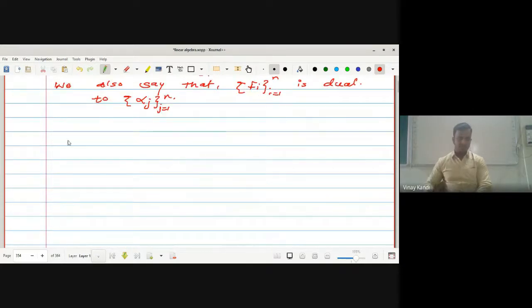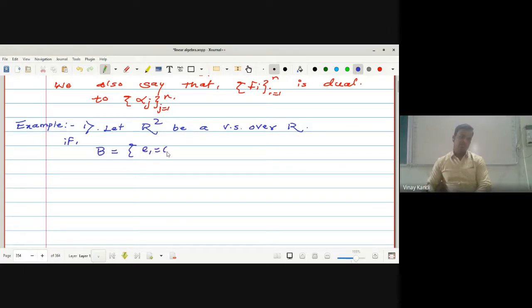Now examples. Example number 1. Let R2 be a vector space over the field capital R. And the basis B is given to us.